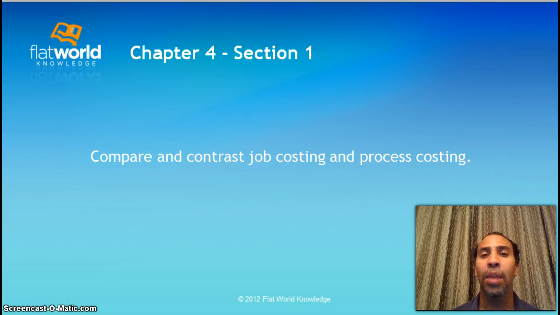Two of the main topics we begin to talk about as early as chapter 1. A job is something that's specific and unique, like an airplane or a custom house, and a process is something that's fully identifiable, identical, like making Coca-Cola or Pepsi or oil or milk over and over again.